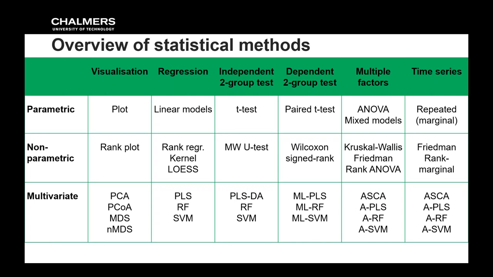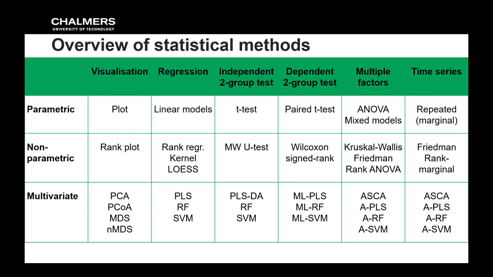And we see that there are in fact multivariate methods for most of the things that we're doing, from visualization, it's our friend PCA, to regression and classification analysis, where we tend to have PLS as the de facto standard. But there are also methods like random forest or support vector machine, which are gaining momentum in the metabolomics field, which is very nice.